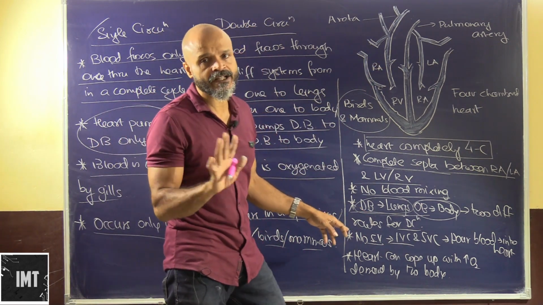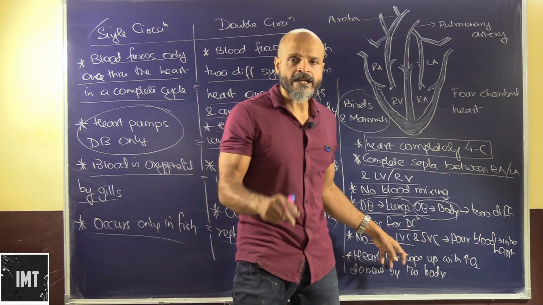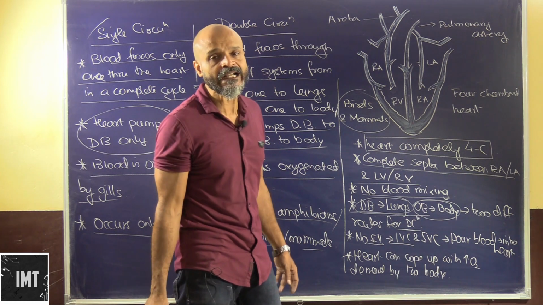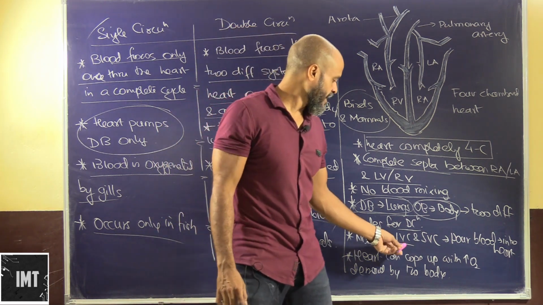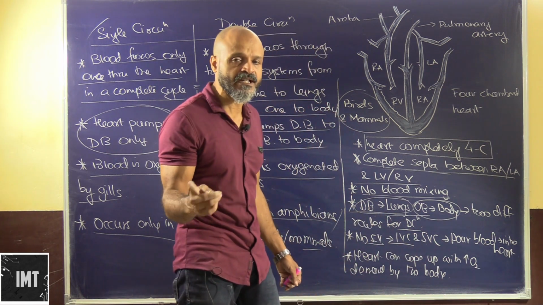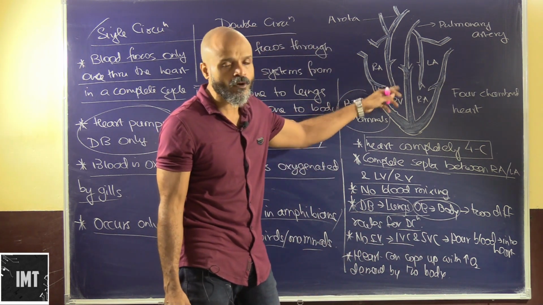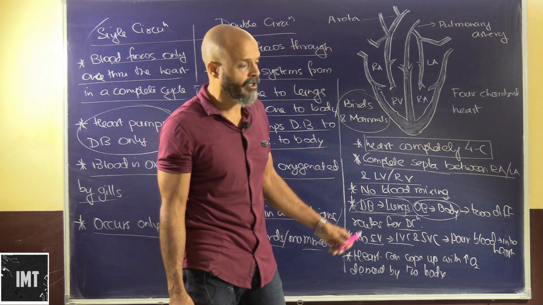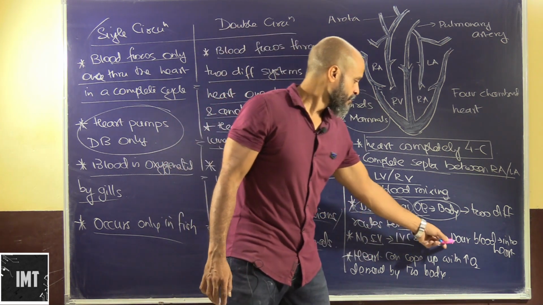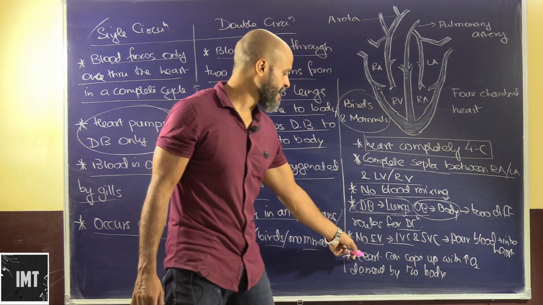So there is no sinus venosus anymore. The sinus venosus already got reduced in reptiles, and here it becomes completely extinct. So inferior vena cava and superior vena cava are the two channels through which the deoxygenated blood is getting poured into the right auricle of a four-chambered mammalian or bird heart.